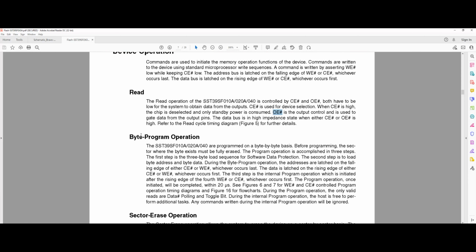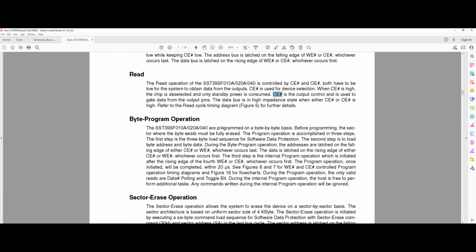However, the write operation is a little bit more involved. In order to write something to the chip, which here is referred to as the byte program operation, first of all, you need to do the write operation byte by byte, meaning that at each point you're just writing 1 byte, and then you have to follow the same procedure for the next byte and so on.